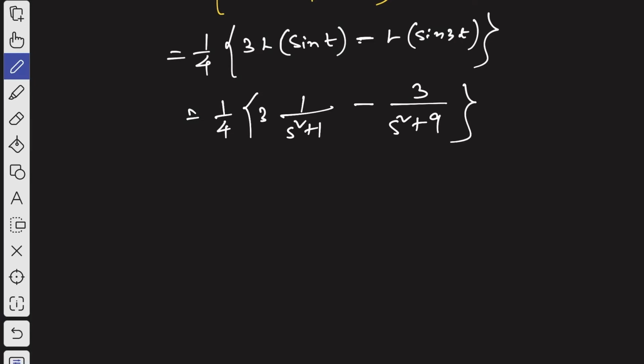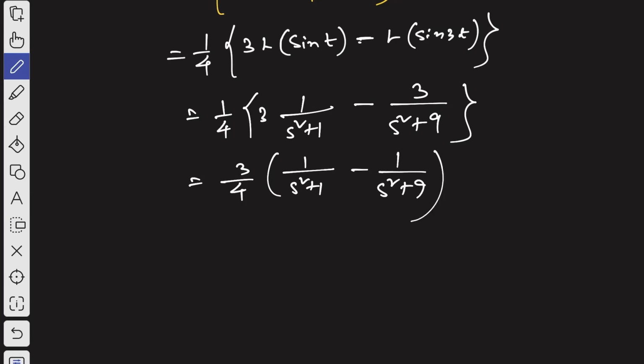So 3 can be taken common, and you will get 3 by 4 times 1 by s square plus 1 minus 1 by s square plus 9.